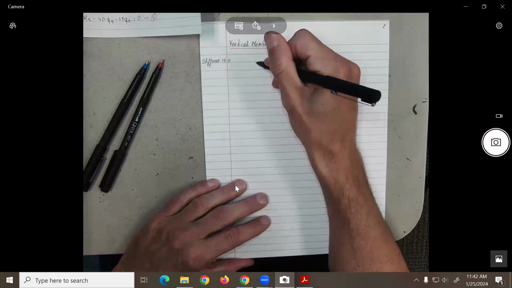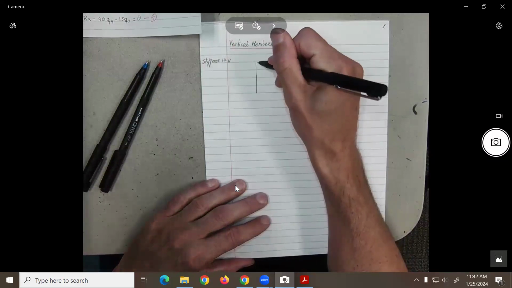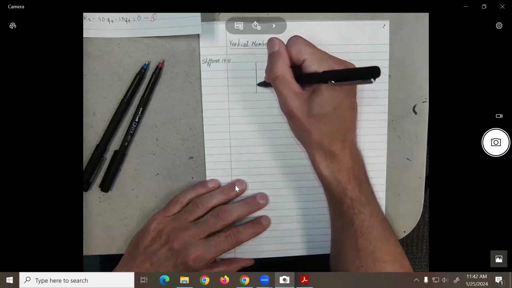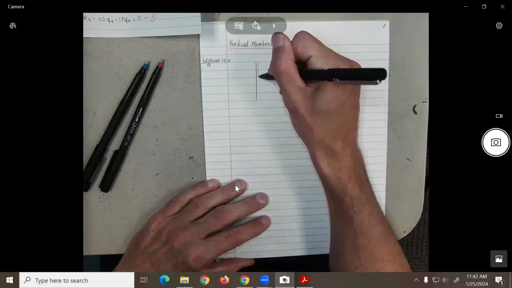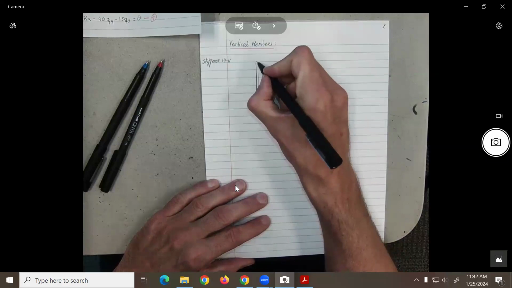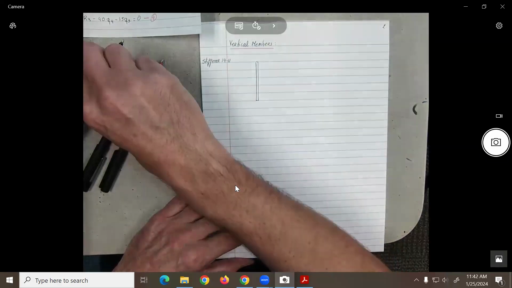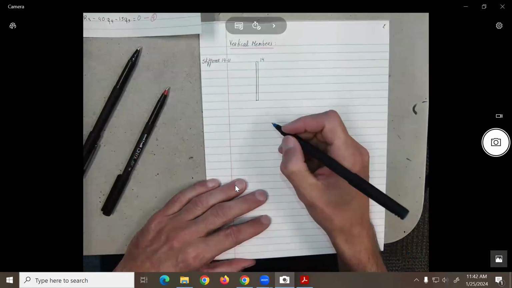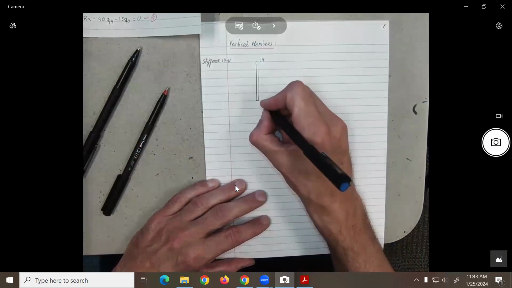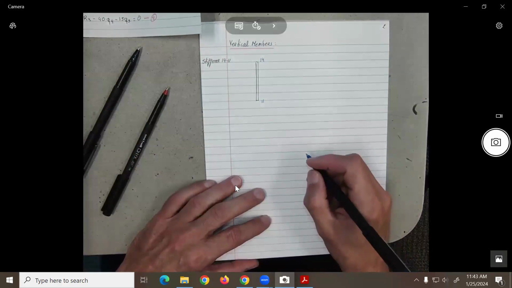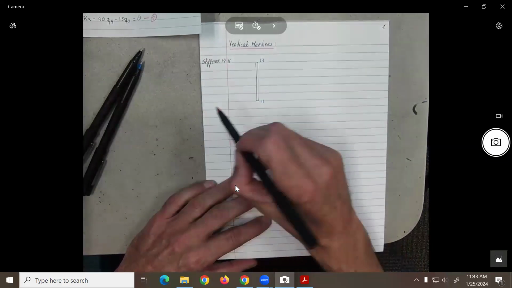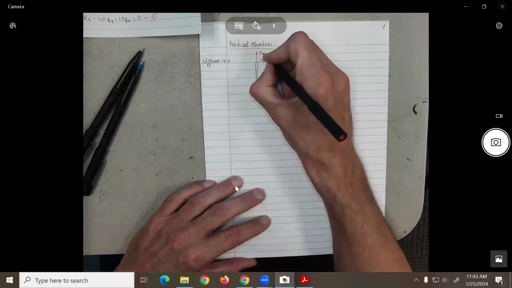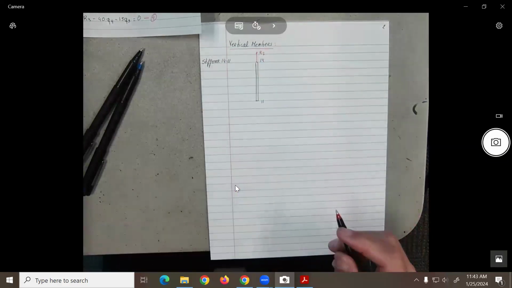So I do it this way. Before, maybe I do one more. So this one, what is it going to have? We're going to have here the R2. Okay, you need the figure if you really want to understand this.